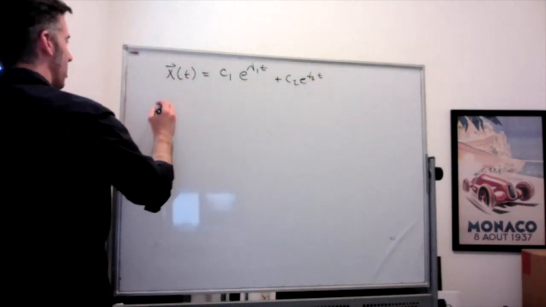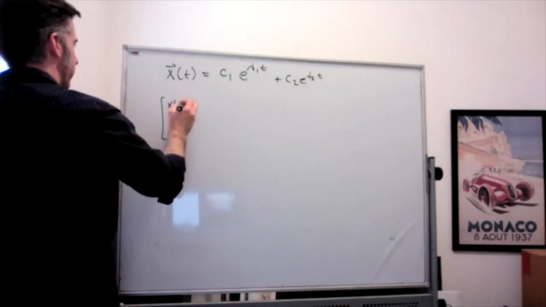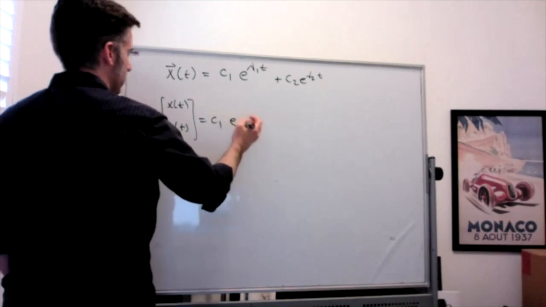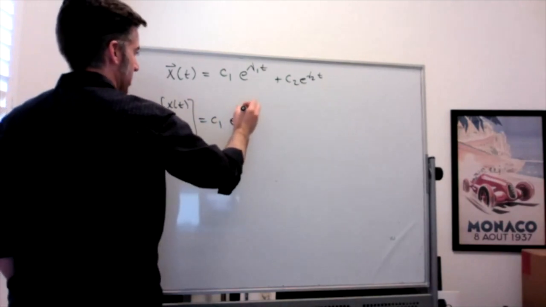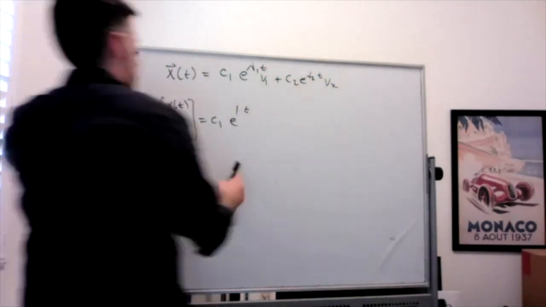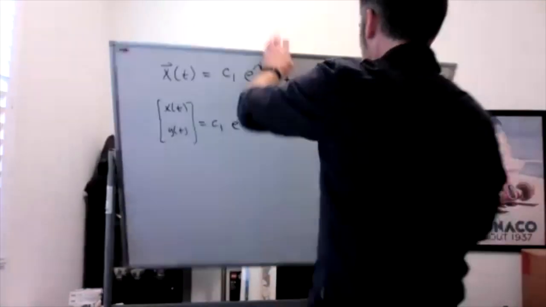Specifically here, x of t, y of t equals C1 e to the lambda 1 was 1 times t. Oh, I forgot the V1, the eigenvectors. So it's C1 e to the 1t times 1, 2.